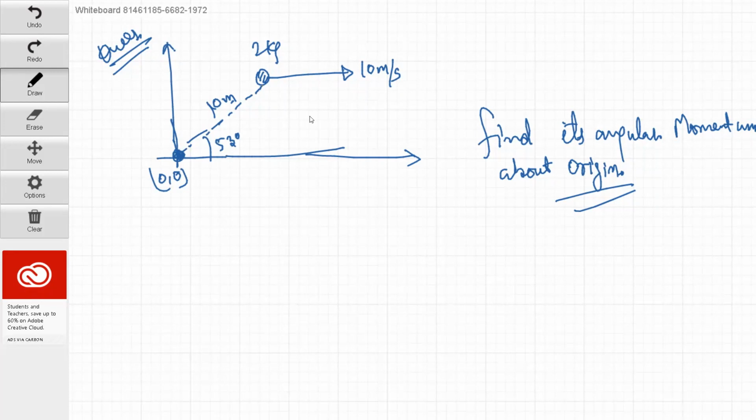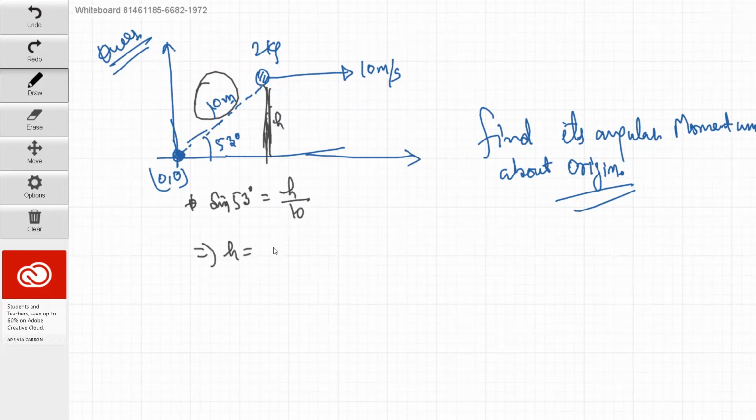So find its angular momentum about the origin. So angular momentum will be equal to this distance you need to find into momentum. This distance is 10, so h by 10 is sine 53. So h is equal to 10 into sine 53. Sine 53 is 4 by 5.